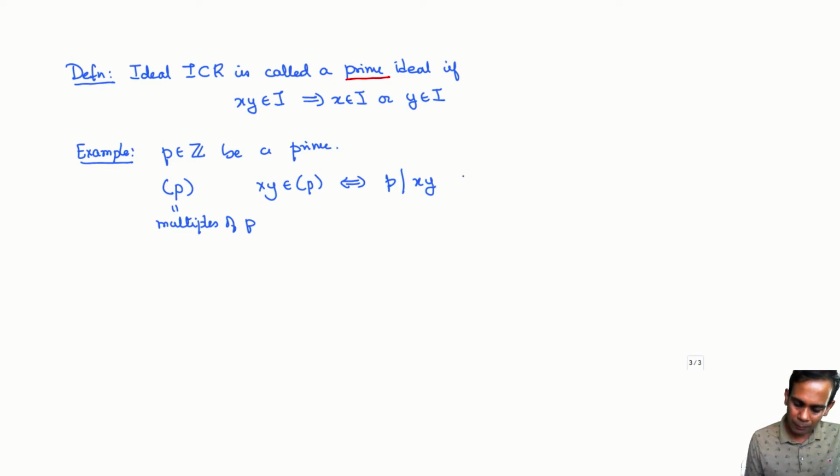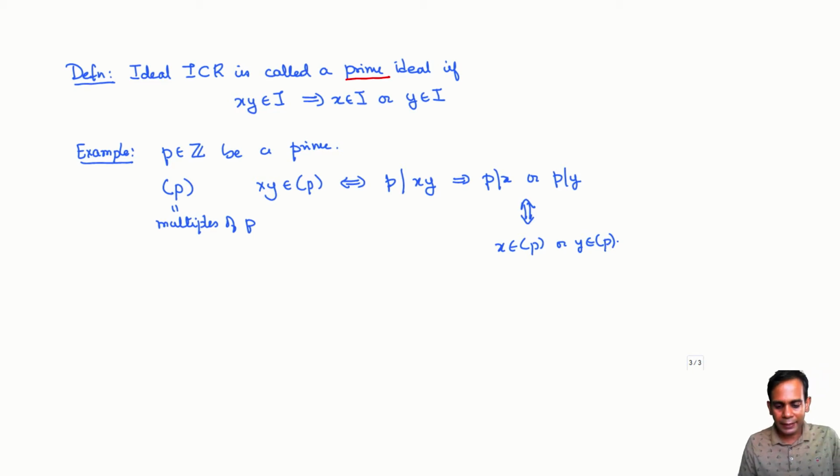And we know from basic number theory that this implies that p divides x or p divides y. And that's the same as saying that x belongs to p or y belongs to p. So the principal ideal generated by a prime number is a prime ideal. In polynomials, the principal ideal generated by an irreducible polynomial is a prime ideal.